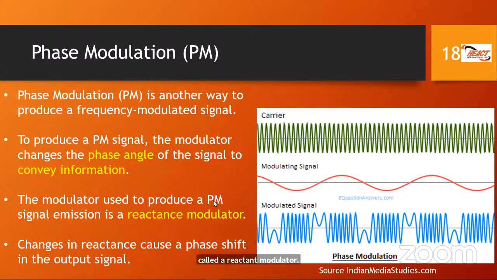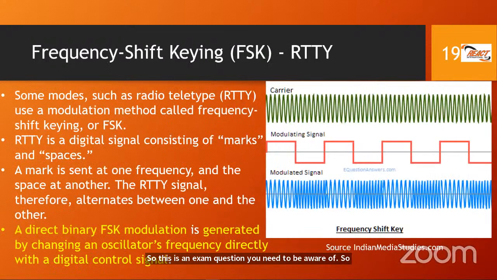So anytime you hear phase modulation, you should be thinking reactance modulator. It could be used also for other modes, but for the purpose of our exam, PM is reactance modulator. And how it works is that changes in reactance cause a phase shift in the output signal. So this is an exam question you need to be aware of. PM. So we had AM, FM, and PM.